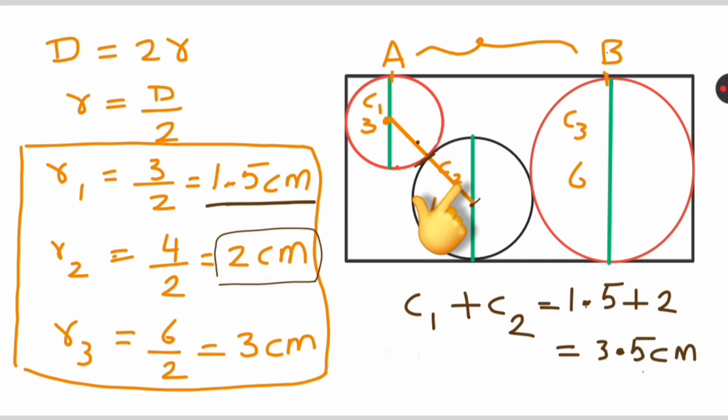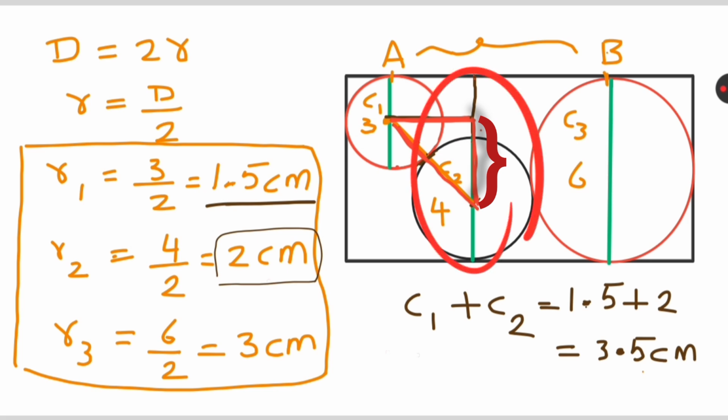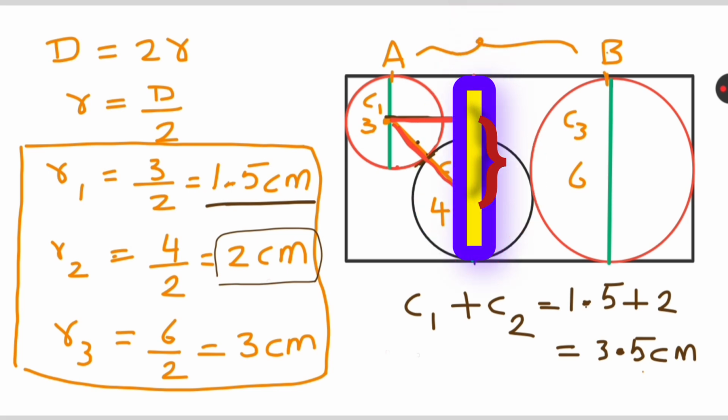If you extend this C2 diameter line up to here, and then draw a line from here to here, we form a right angle triangle, isn't it? See here. We know the distance between C1 and C2 is 3.5 centimeters. What about this distance? To find it, we need to observe the total distance from top to bottom.